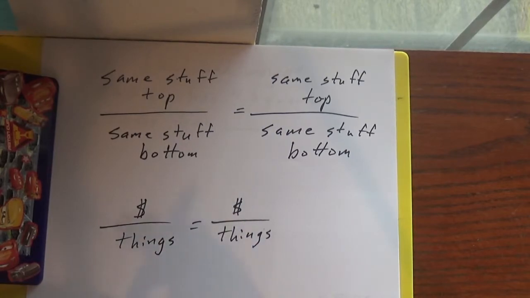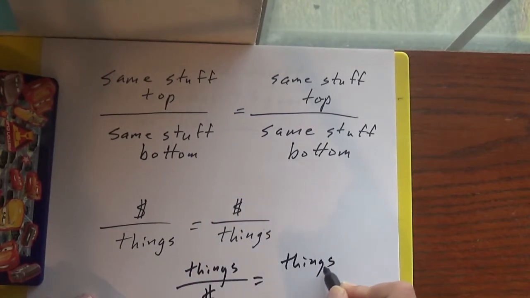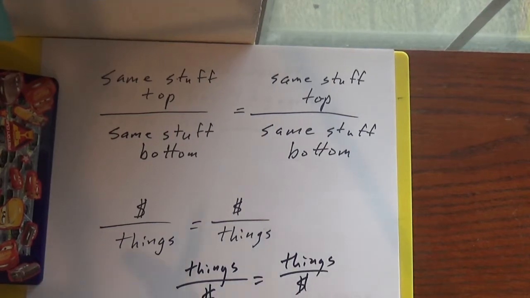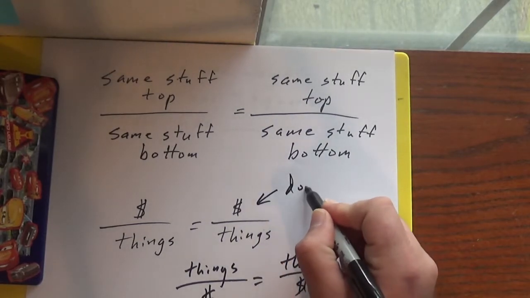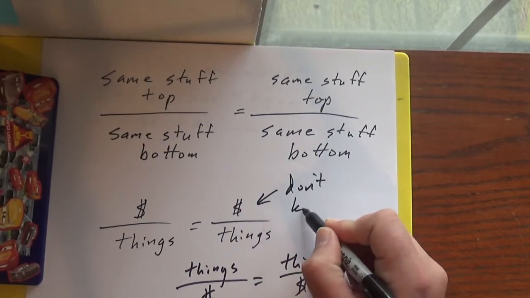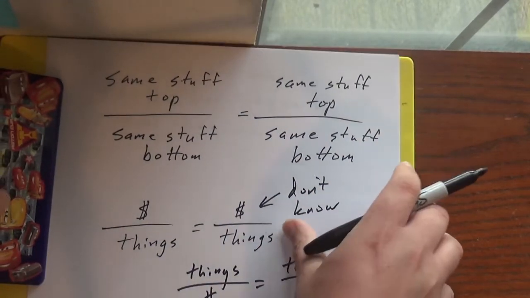Now, if I set it up the other way, where I had things over dollars, things over dollars, I would still get the same answer. So on this, basically the thing we don't know, you want whatever it is you don't know on top. It just makes it easier when you're solving it.